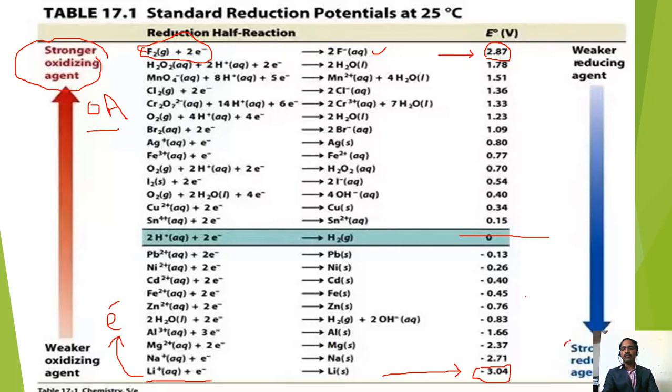So, you can see here stronger reducing agents: lithium, sodium, magnesium 2 plus, these metals. And fluorine, H2O2, KMnO4, these all are acting as stronger oxidizing agents.